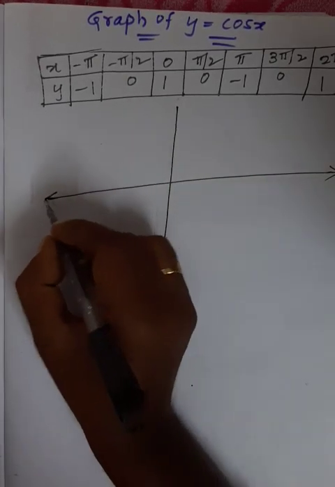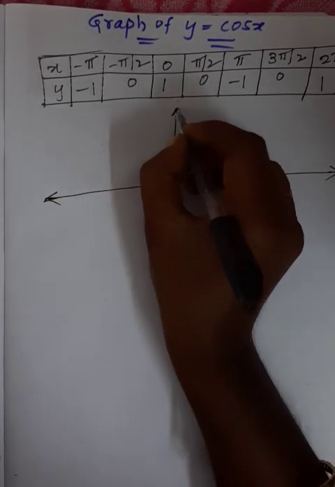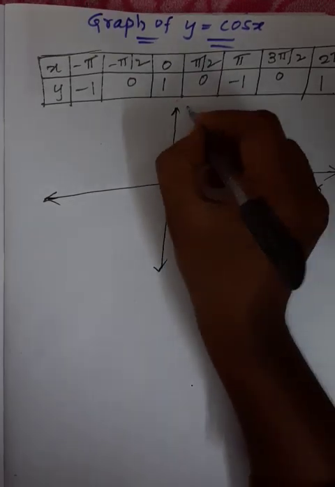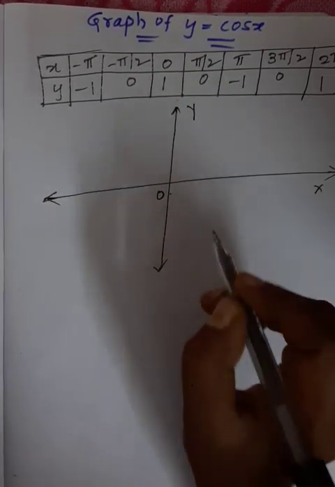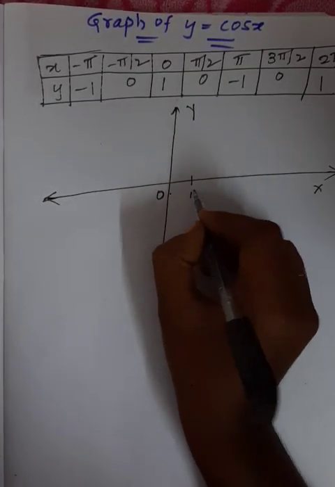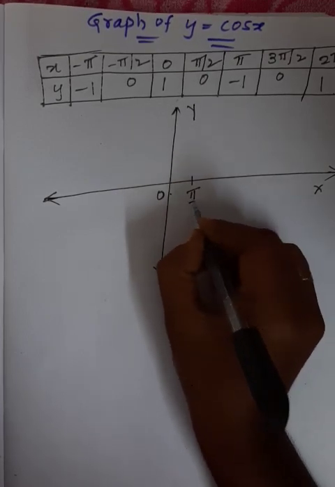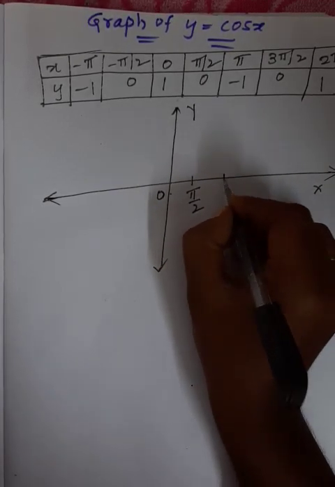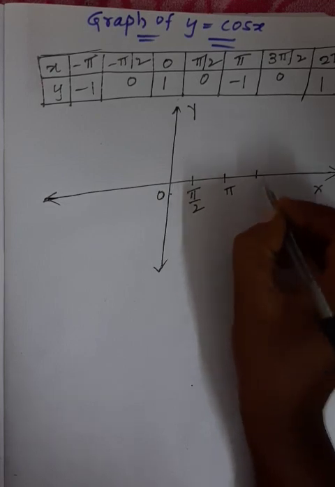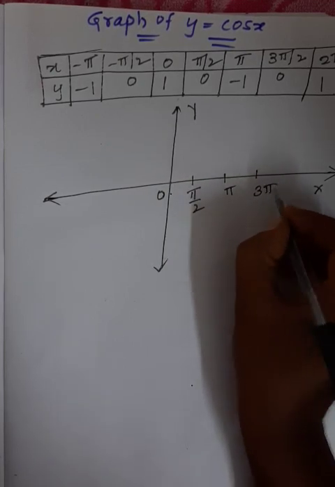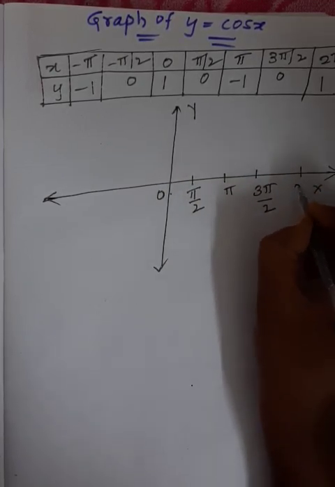Now we have to assume the x-axis and y-axis. So this is the x-axis, this is the y-axis, this is the origin. This is plus pi by 2, plus pi, plus 3 pi by 2, plus 2 pi.